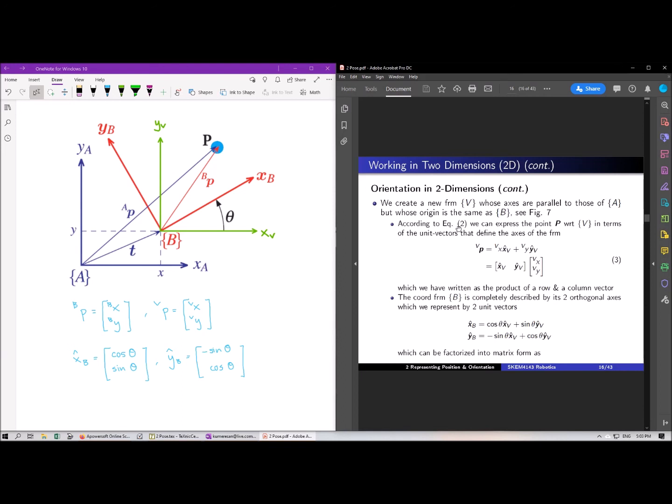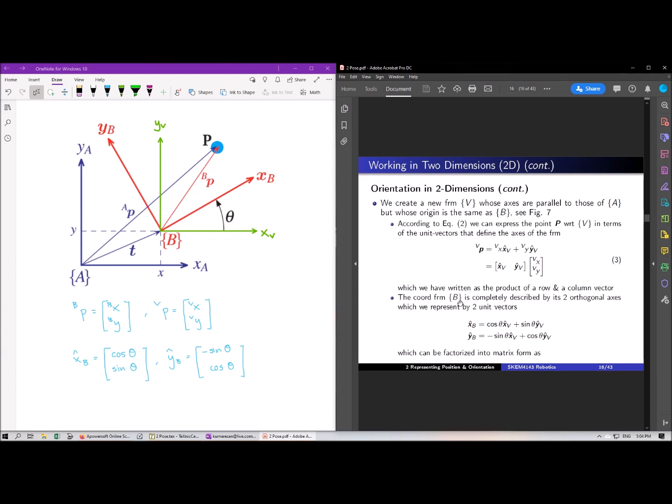According to equation 2, which we have seen earlier, a point is a linear combination of the unit vectors: xv x hat v plus yv y hat v. You can factor this in terms of a row vector and column vector, written as a product of row and column vector.